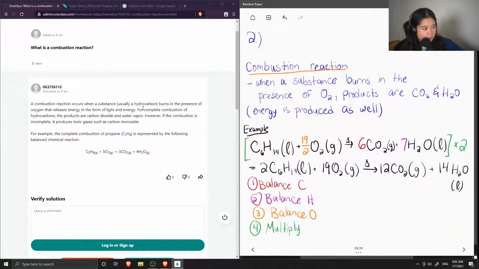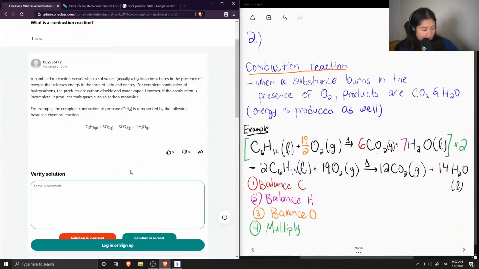However, if the combustion is incomplete, it produces toxic gases such as carbon monoxide. So for example, the complete combustion of propane is represented by the following balanced chemical reaction. So here they have propane, C3H8, plus oxygen produces carbon dioxide and water. So this solution is correct.